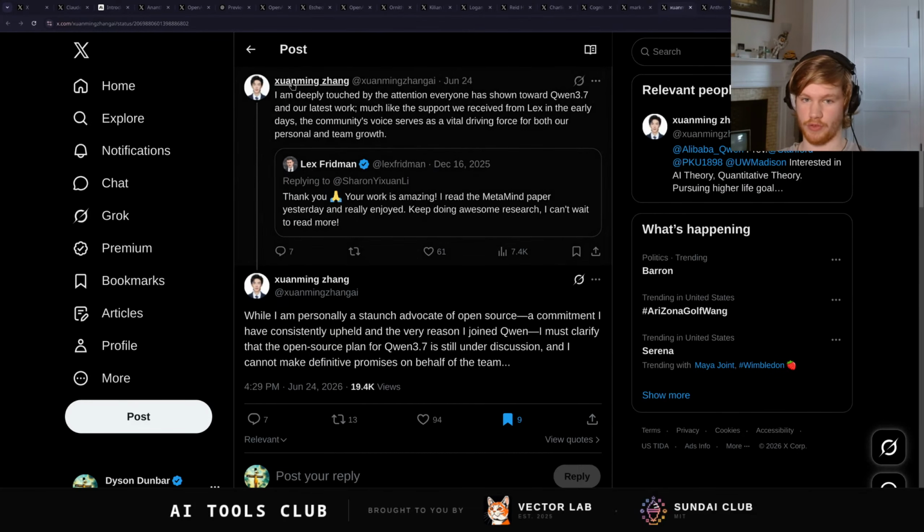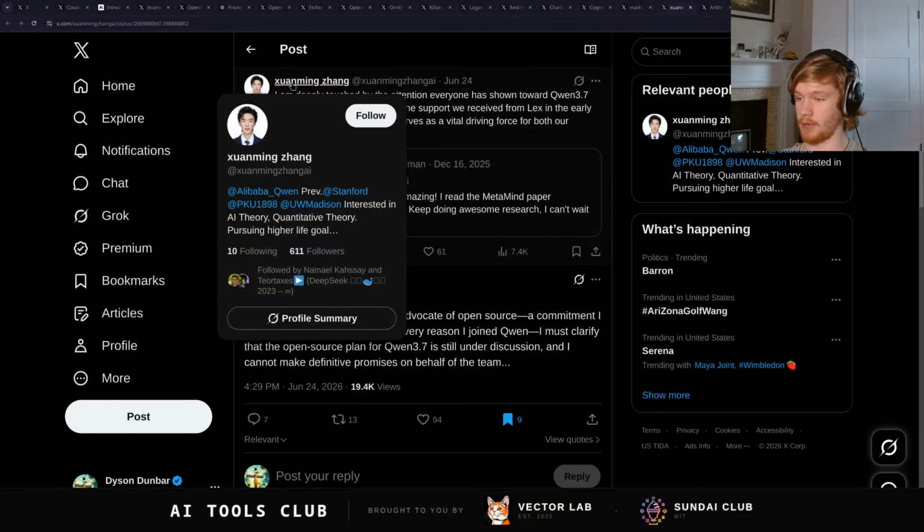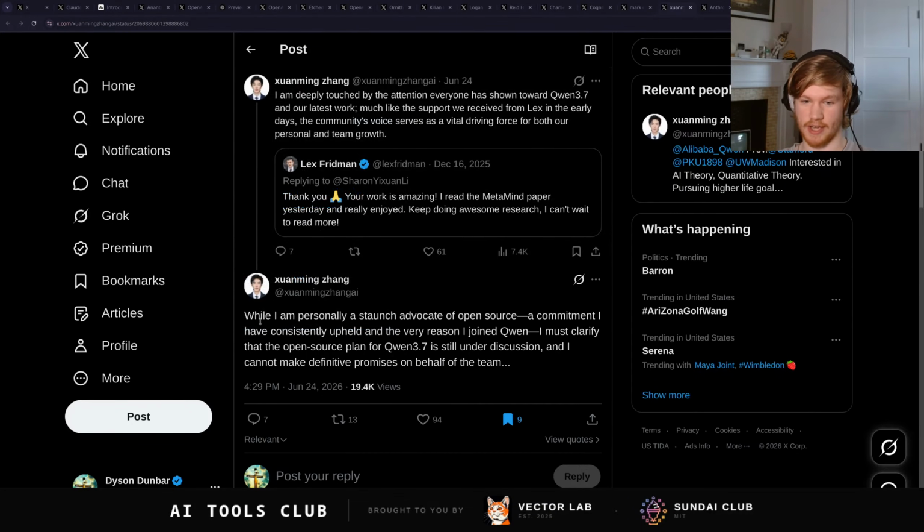And this is one of the main contributors there on the Alibaba Qwen team, basically saying that he's a big fan of open sourcing it, but the open sourcing discussion is still being weighed by the team internally, which is a bit worrying to hear, because it sounds like they're actually considering closed sourcing Qwen, which they had been open for a long time now, probably over a year and a half, which is, as you know, eons in the AI world.